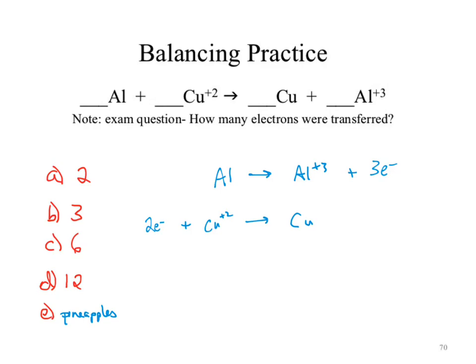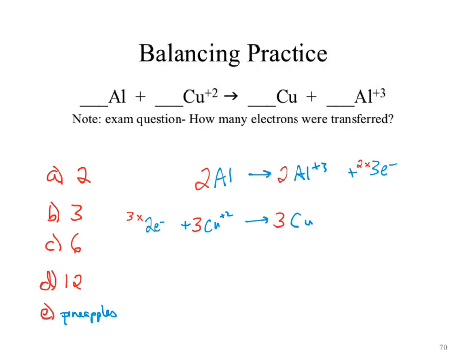How do I make that 3 into a 6? I multiply by 2. If I multiply that by 2, what do I do to the aluminum? Okay. The 2 electrons, how do I make those into 6? Multiply by 3. 3 coppers. 3 copper ions, 3 copper.